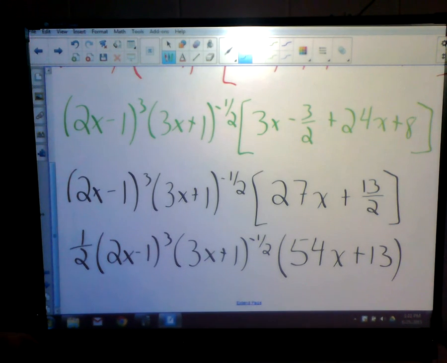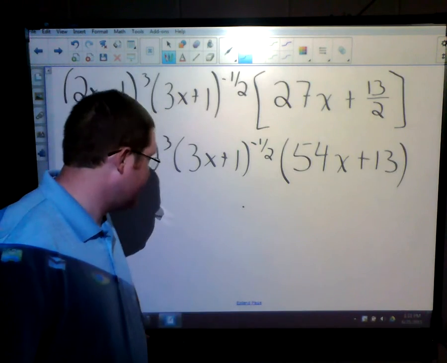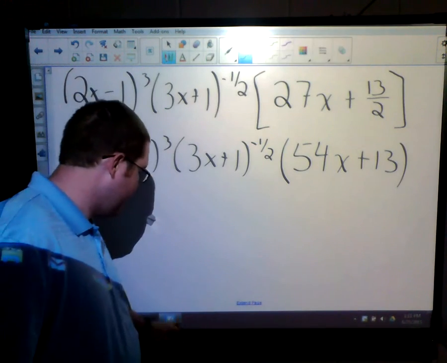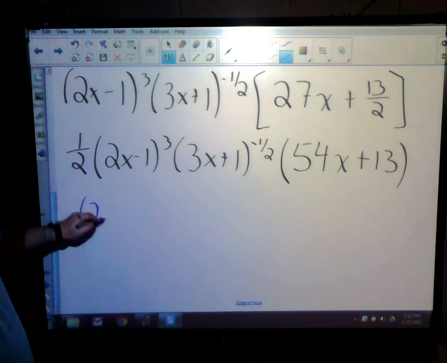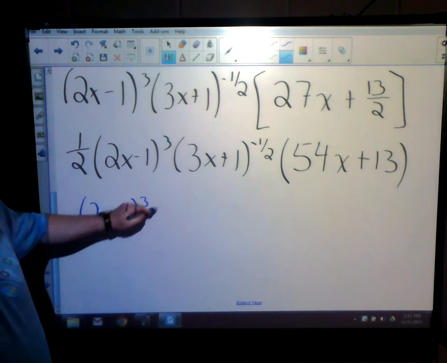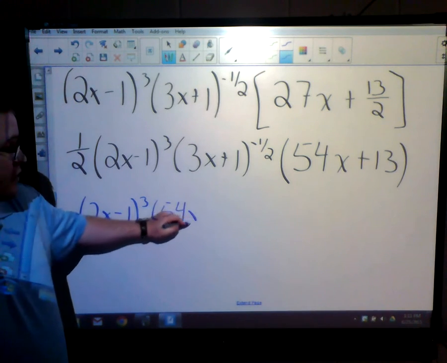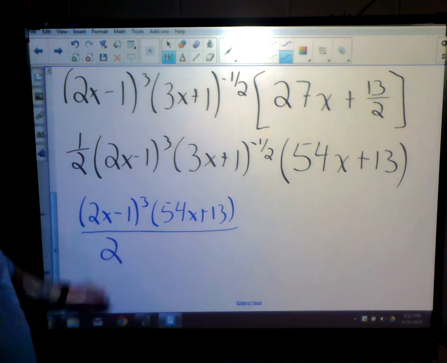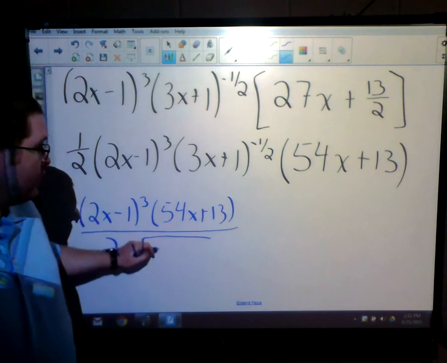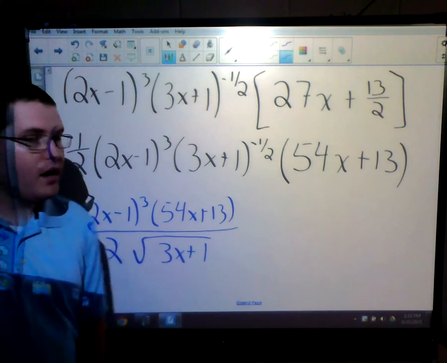Let's make it a little bit prettier. Let's simplify it, clean it up, turn it into a fraction, however you want to think about it. So I've got a 2x minus 1 to the third on top. I've got a 54x plus 13 on top. I have a 1/2, and I have a square root of 3x plus 1 on the bottom.